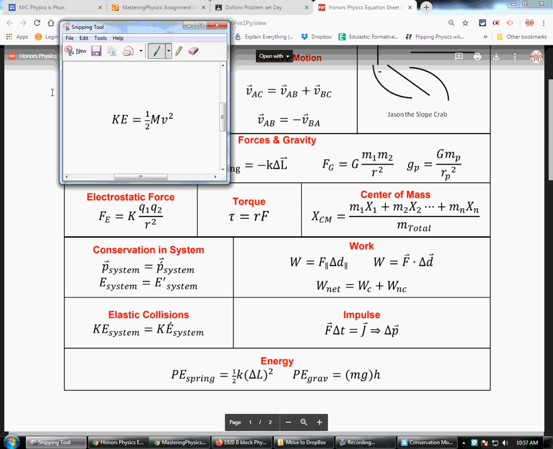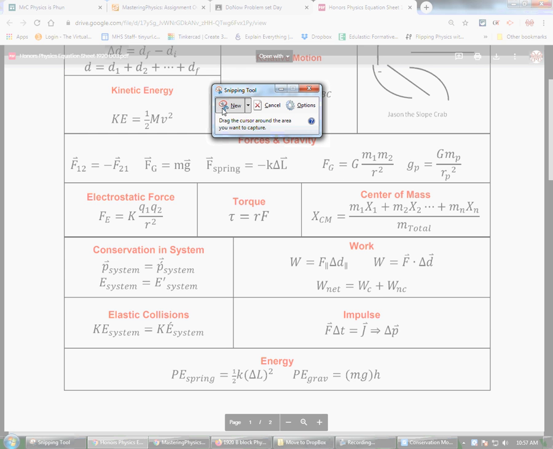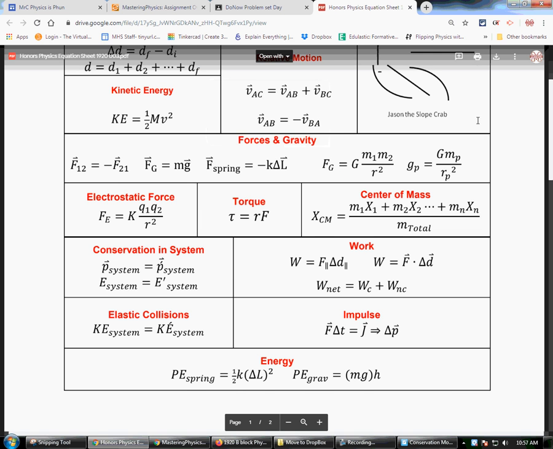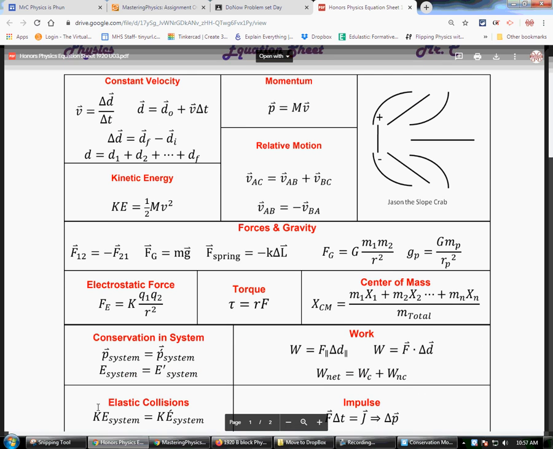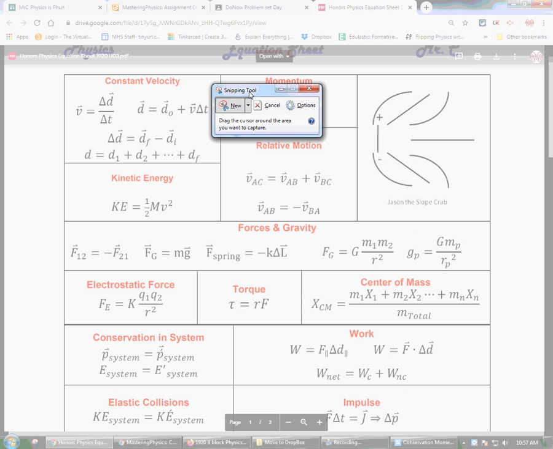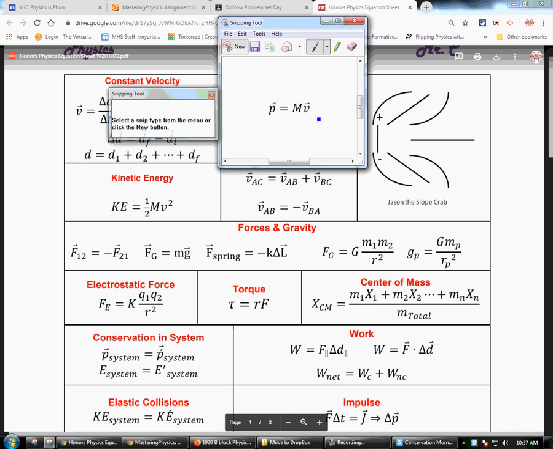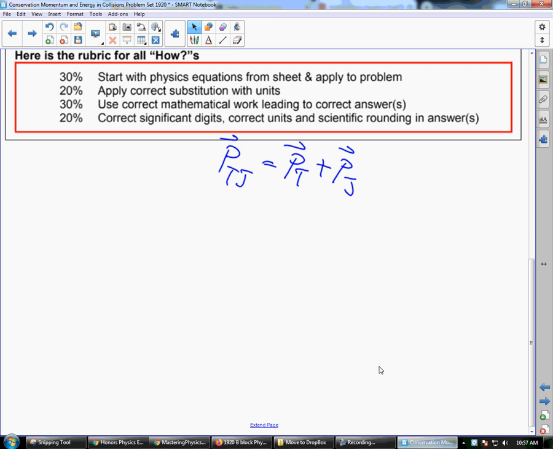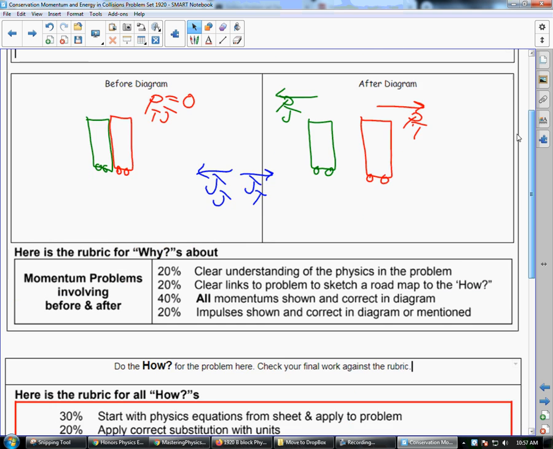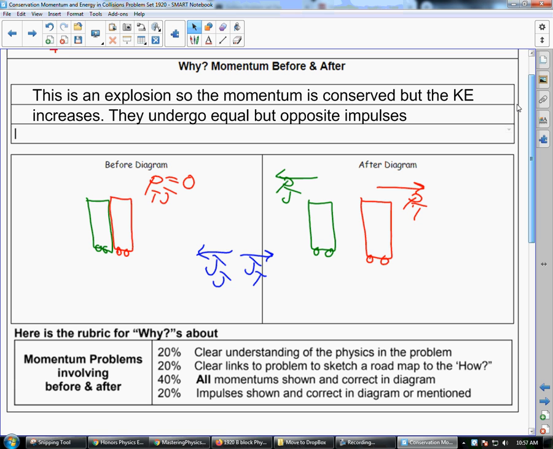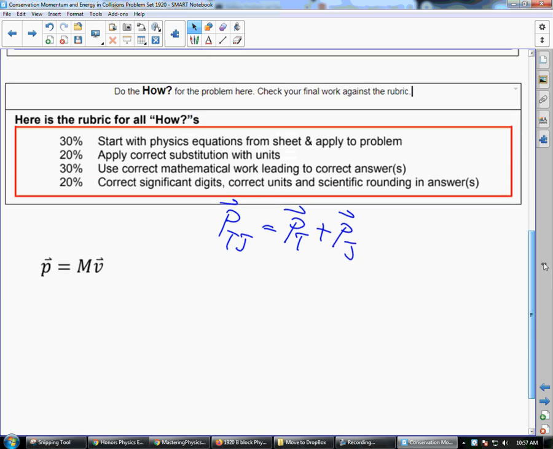Let's grab that momentum again. Alright, so we said to the right is positive, right? And we have Tracy moving to the right afterwards.